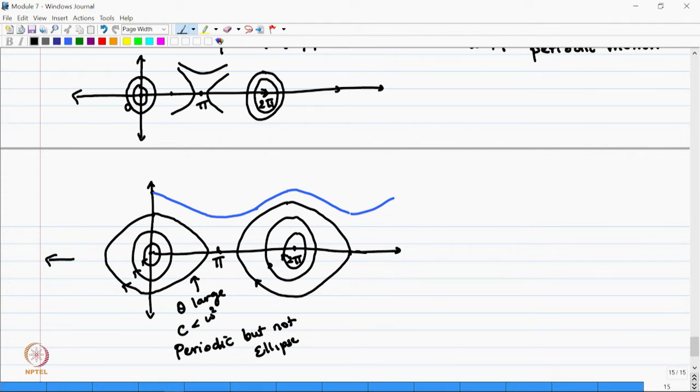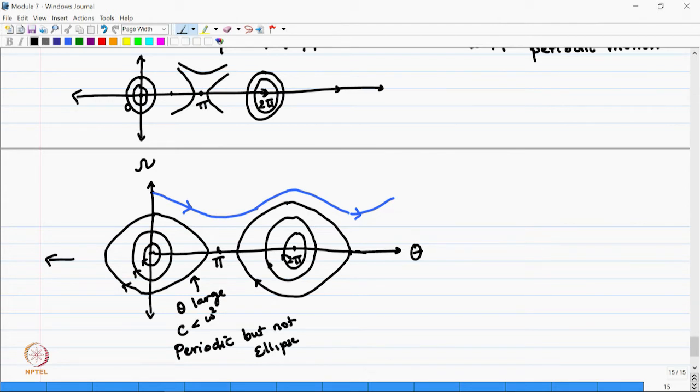So what is important is that if you start with something like this, then you will just keep going, your pendulum. Here you started with a very large amplitude, and it just keeps spinning and going like this. So your theta can go all the way to infinity, it can just keep going round and round.